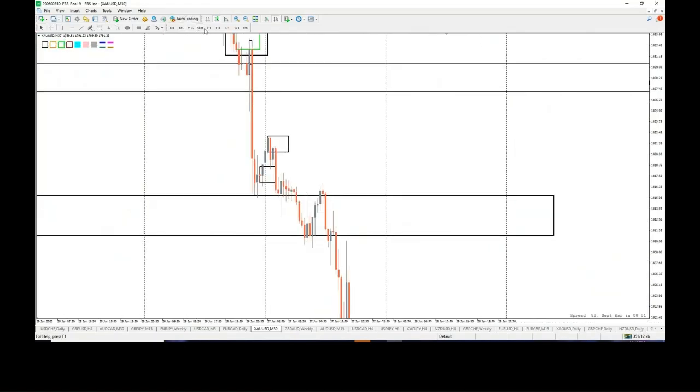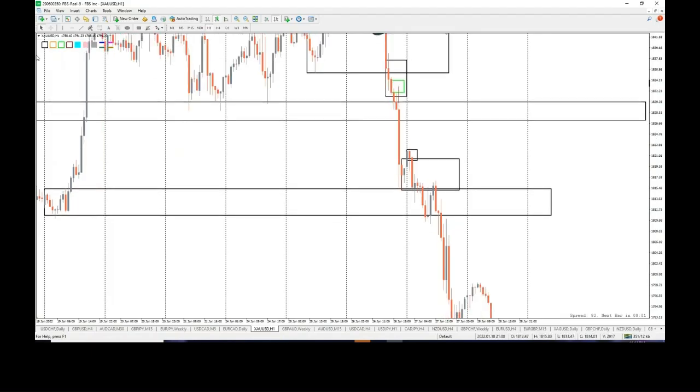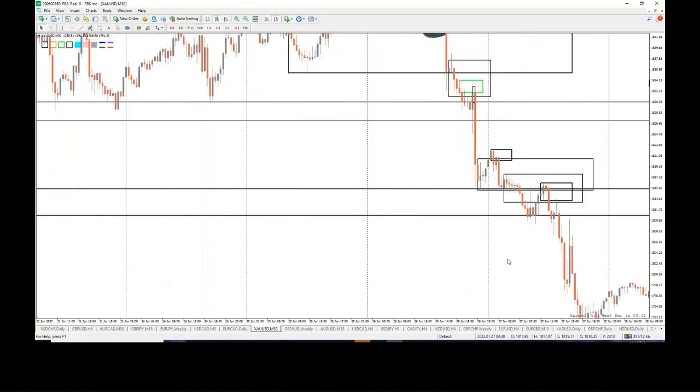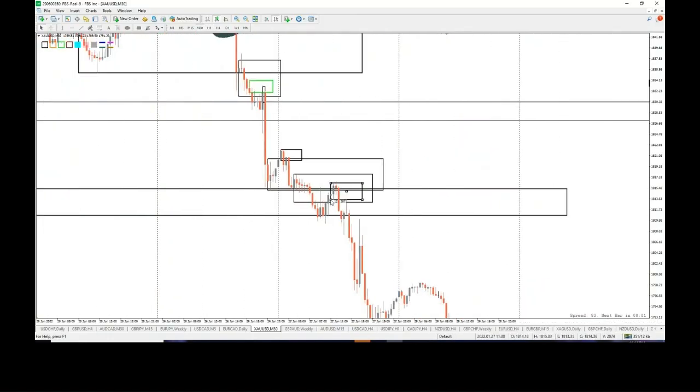So when this H1 zone is broken, what do we want to do? Sell just to the next H4 zone. So this is the H1 zone. If you're only using H1, you can have your entry right here. If you go to M30 or M15, it's the same actually.